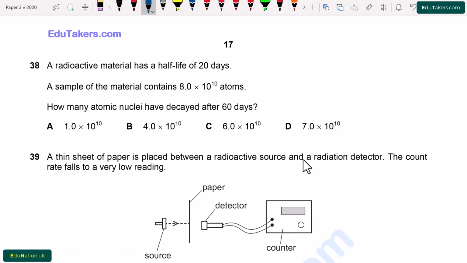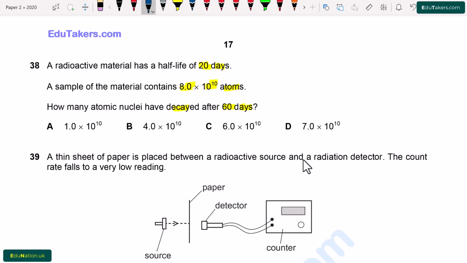Question number 38. A radioactive material has a half-life of 20 days. A sample of material contains 8.0 × 10^10 atoms. How many atomic nuclei have decayed after 60 days? So first of all, it is given that the half-life of the radioactive material is 20 days and the initial number of atoms in the sample is 8.0 × 10^10.